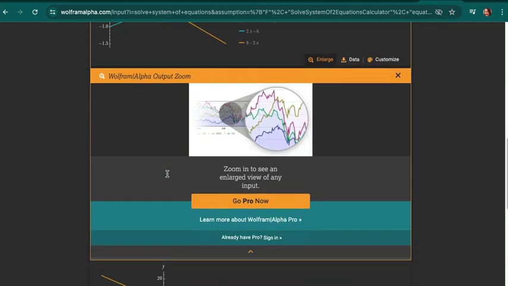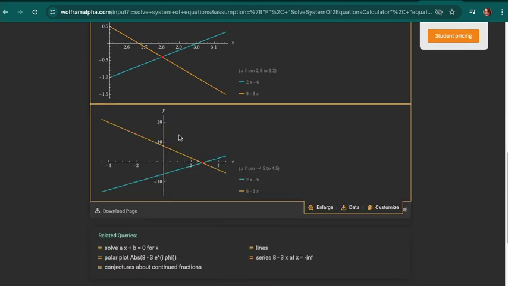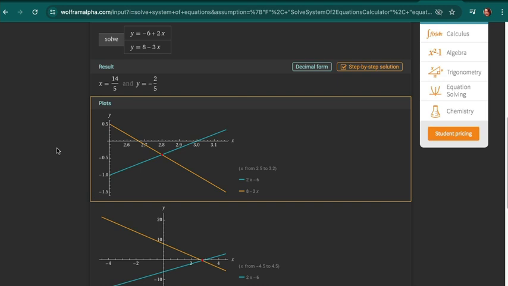If you have a pro account, you can enlarge it. There's a way to just get your browser to make it bigger, but we can see what's happening here. The solution is this point of intersection between the two lines, and it's not an integer solution.